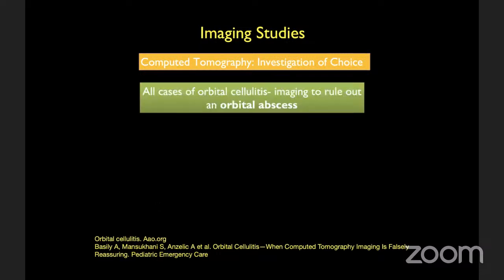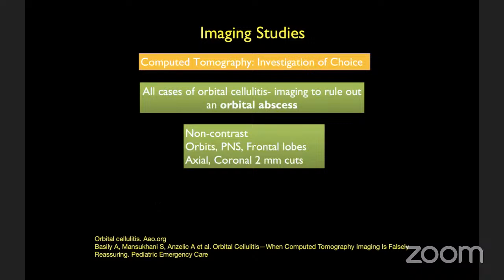For all cases of orbital cellulitis, it's not mandatory for very initial stages of, say, preseptal cellulitis or a very initial orbital cellulitis to be imaged. But in most cases, it is done to rule out an orbital abscess, like I said.